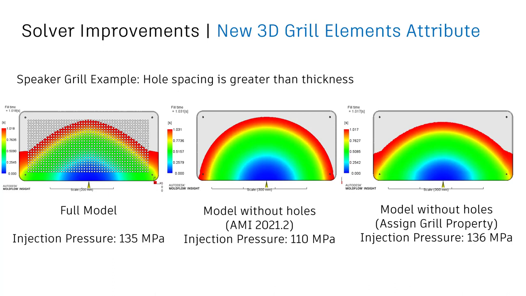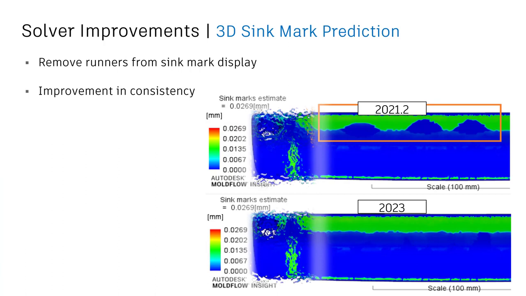Well, the new 3D grill element attribute is the shape factor, very similar to that, for the 3D model, because this was asked by many of the users: like the mid-plane we have a simplified way of representing the model, why can't we get it for the 3D? We tried to put the same approach for the 3D elements as well.